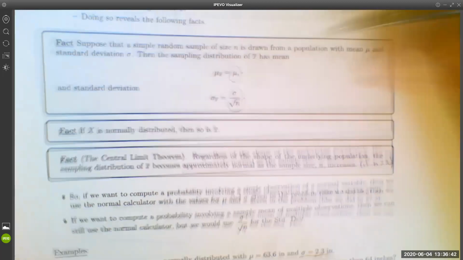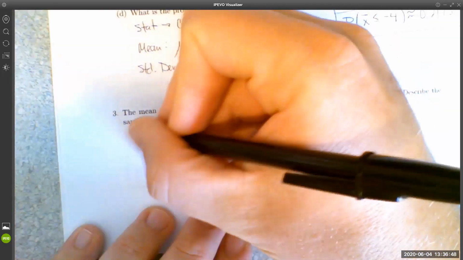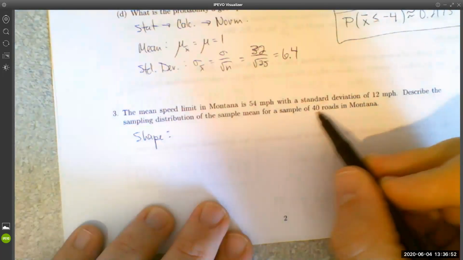Okay, so to answer number 3 here, we would say, all right, so the shape of the distribution. Our sample size here is 40.